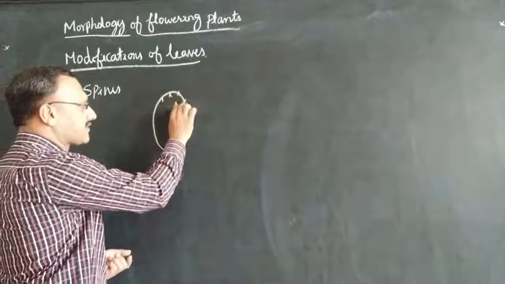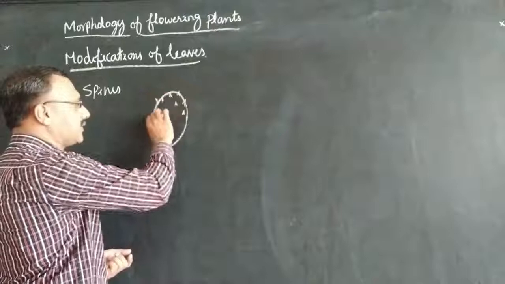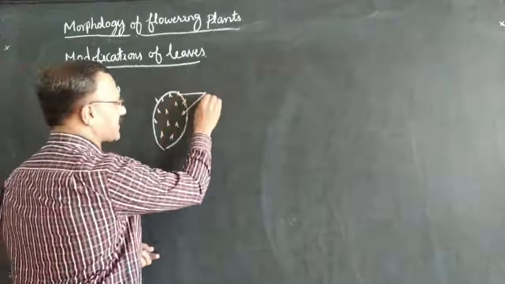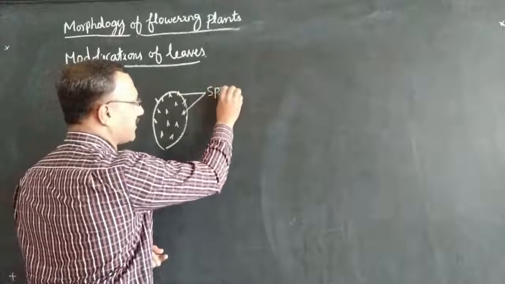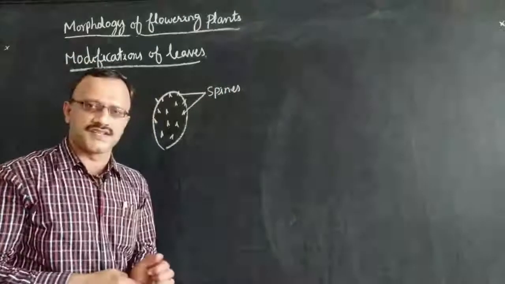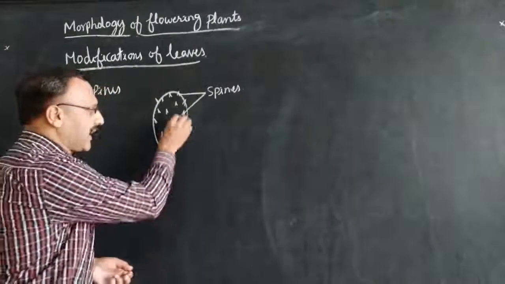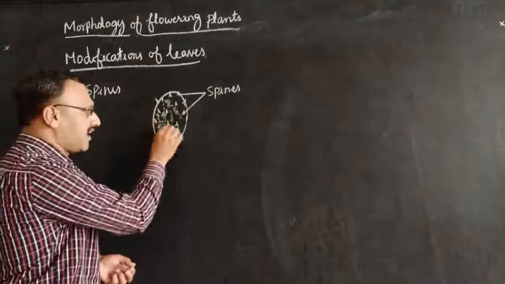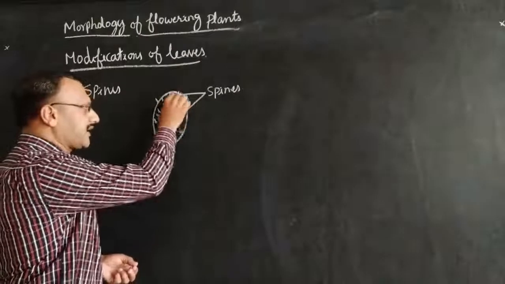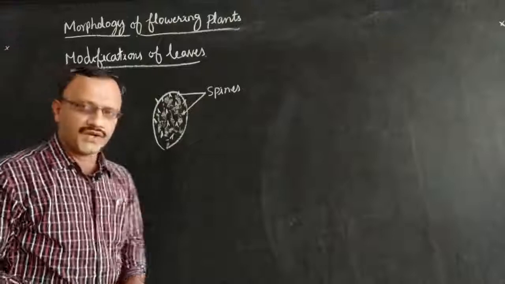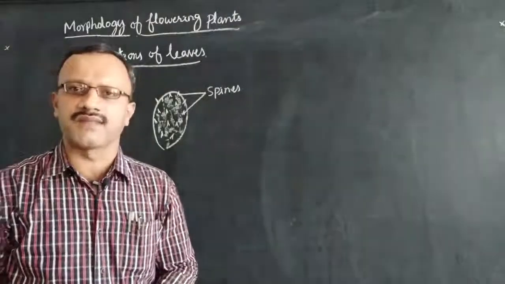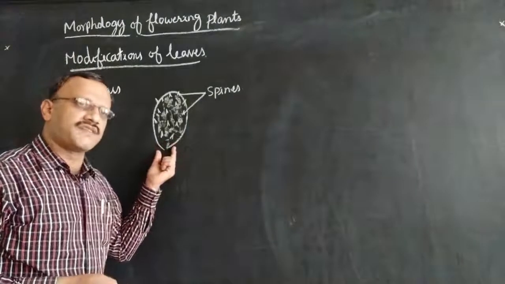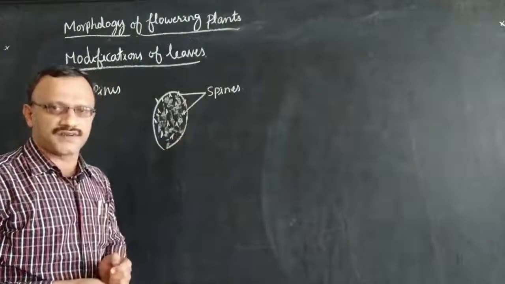So here the leaves are modified into spines. So these spines are checking the rate of transpiration, because as we know, the cactus are found in xeric climatic conditions, to safeguard the water content or to protect the plant from desiccation, to retain the water content inside the plant body. It is the leaves modifying into spines, which will check the rate of transpiration.